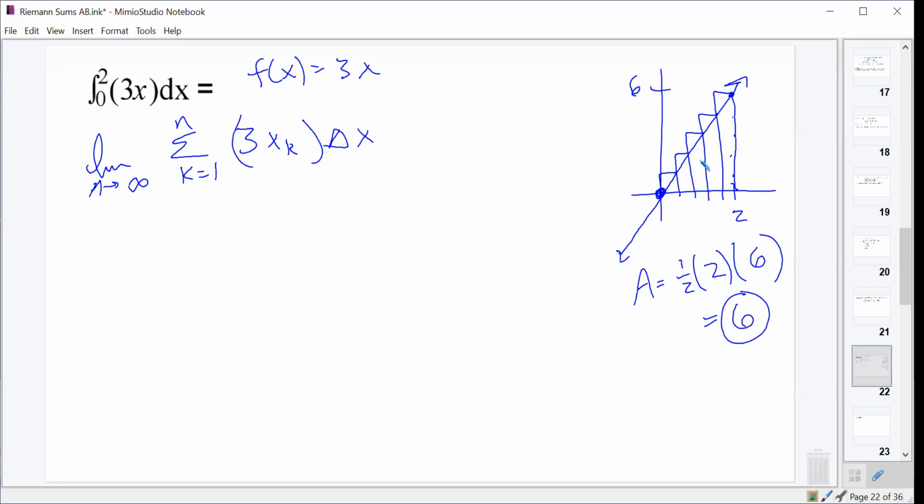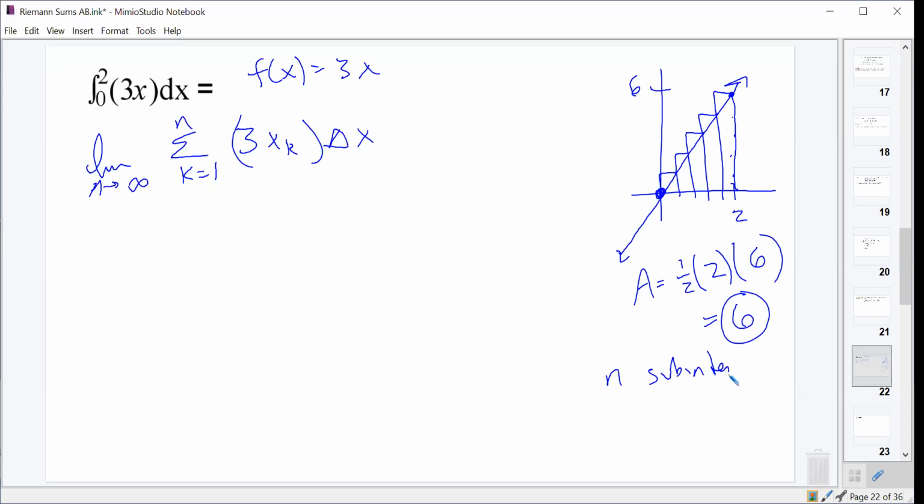And real quickly, let's think about what each of these variables within here mean. So what is the n within this limit and summation? What does n represent? It's the number of rectangles, or the number of subintervals.